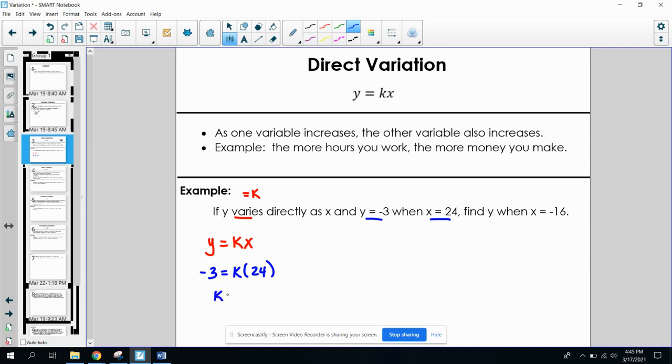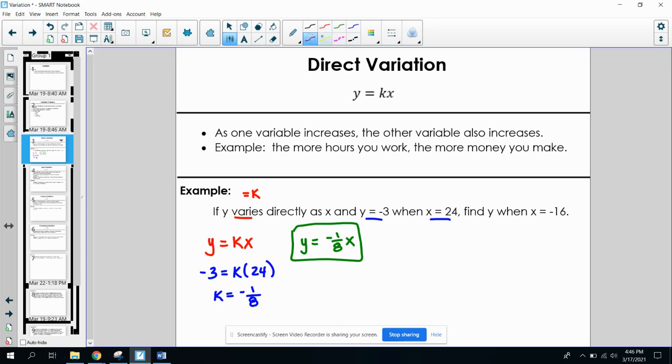When we do that, we get k is equal to -1/8, and that -1/8 is our constant of variation. Then what I like to do is write the same equation that we wrote here, y equals kx, but now we plug in the k value. So y equals -1/8 x. This is our generic equation for this problem.